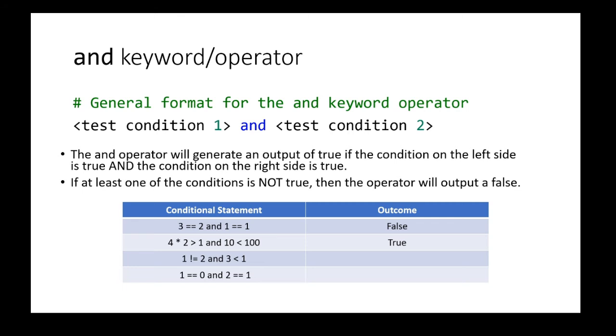So since we have false on the right and true on the left, the outcome will be false. In the fourth case, 1 equals 0 and 2 equals 1. Since the program read 1 equals 0 and it knows that's false, it's not even going to look at if 2 is equal to 1. It ignores that, the case is broken, and the output will be false instantly.